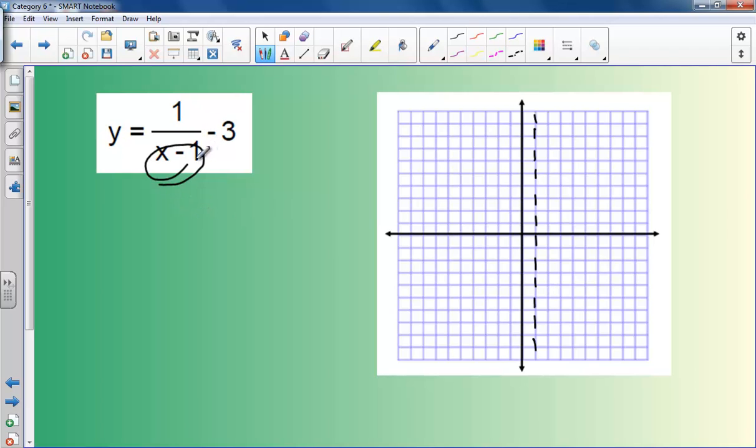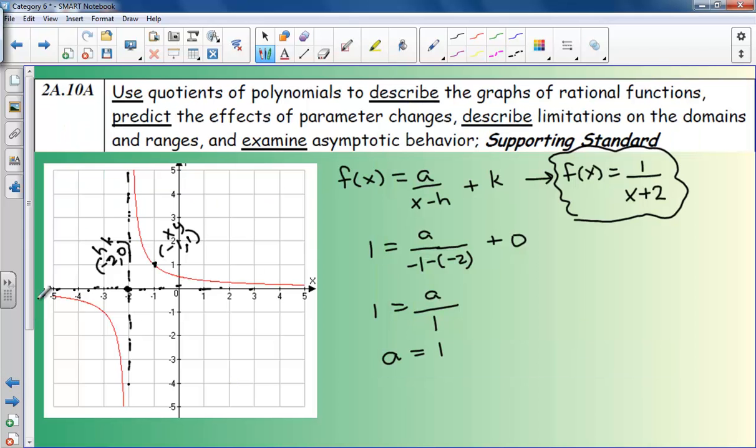That's also my h value, so it's going to shift to the positive. So at +1, -3, that's kind of the center. My graph is moving around, and my a value is 1. So then I can sketch my graph and it's going to look very similar to this one here.